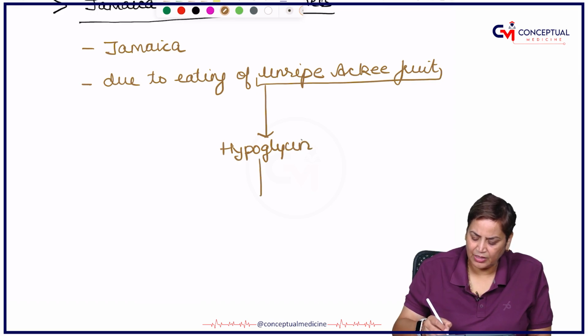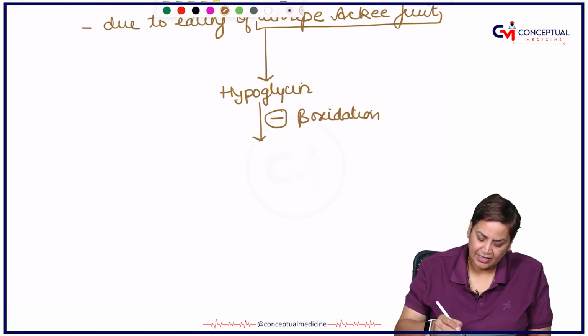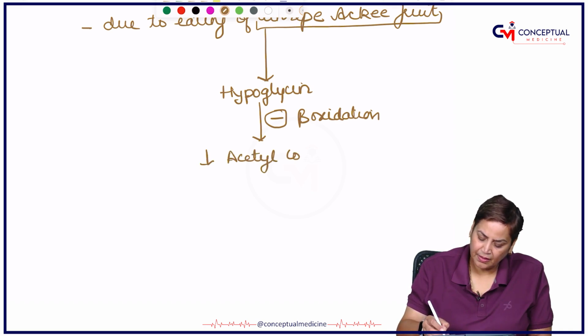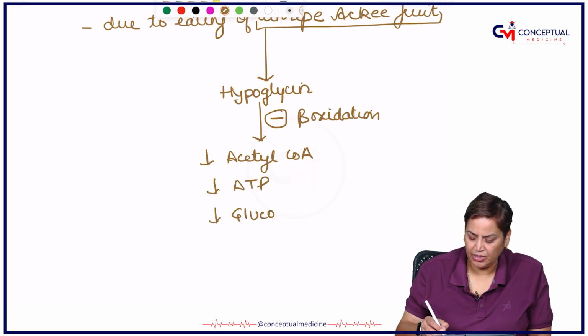So this hypoglycin is going to block beta oxidation. So same thing will happen: decreased acetyl-CoA, decreased ATP and decreased gluconeogenesis.